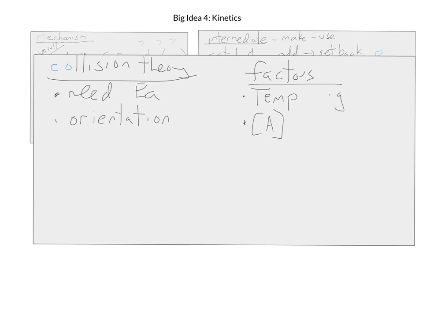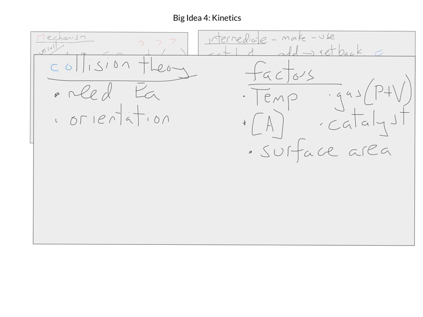If we had gases, pressures and volumes will affect rates. If they're in less space or more space, and depending on the pressure, we can do that. Catalysts, we've already talked about. Catalysts can improve the orientation and bring molecules together, provide an alternate pathway. And then another one that we did was surface area. If you crush something up, more molecules are exposed, so you can get more collisions.